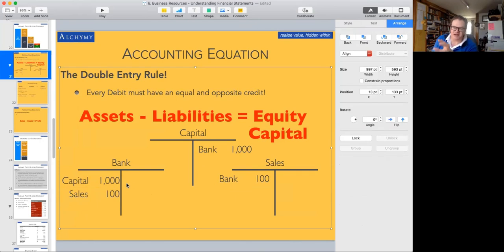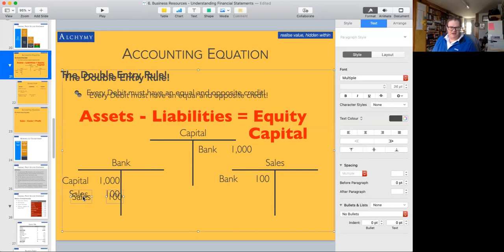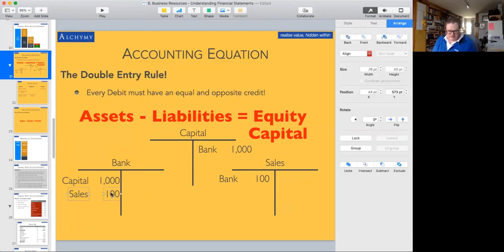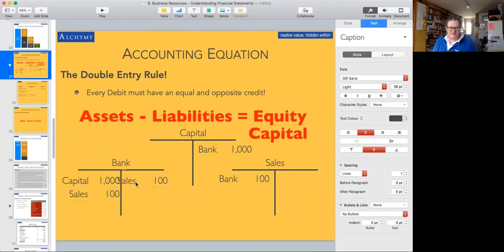If I decided to spend some of that money on a social media marketing campaign, let's say I pay somebody 500 euros to make a website, I would take 500 euros out of the bank, and what we might call that website.